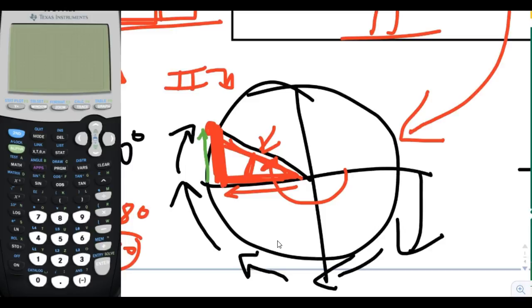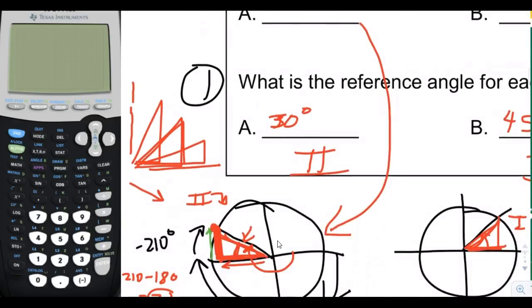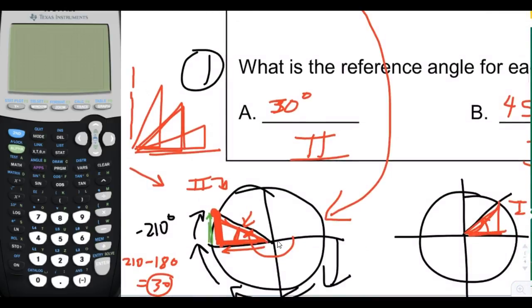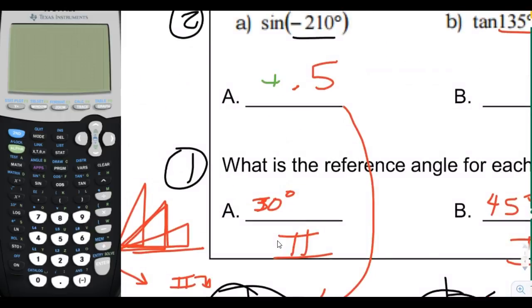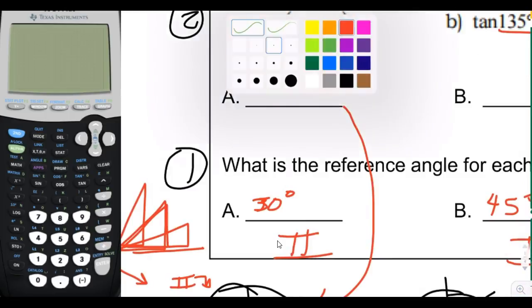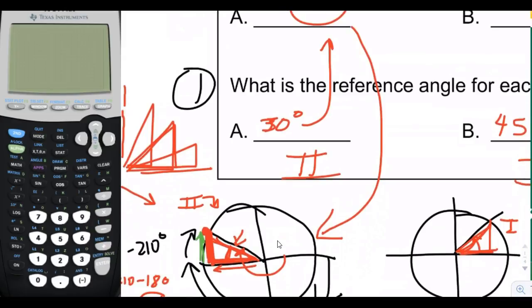Okay, so in this case, we're asking for the sine, right? And the sine is the y coordinate. And remember, the y coordinate is going up, so it's positive, right? So it's going to be positive 0.5. Okay, you're going to take the 0.5, which is the sine of 30 degrees from the reference angle, and then you're going to put positive 0.5 because it is going up.